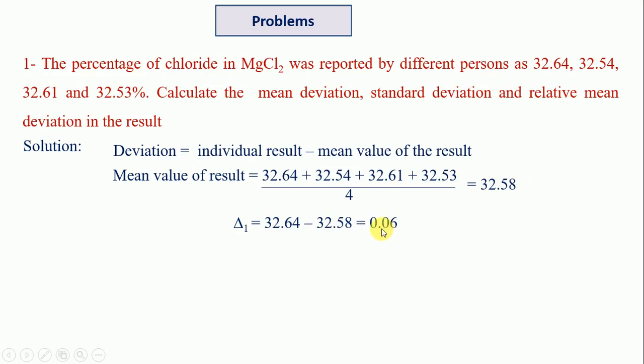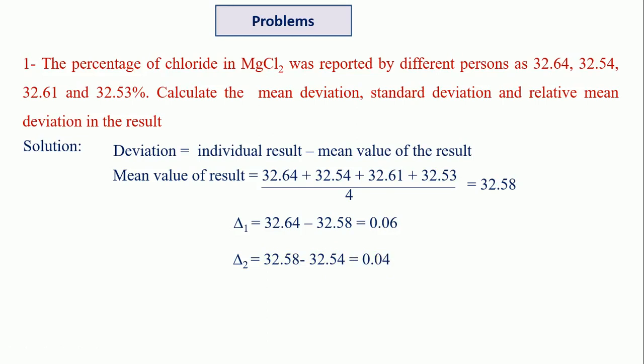So the first deviation is 0.06. Now calculate the second deviation. In the same way, delta 2 is equal to 32.58 minus 32.54, the individual result. So the difference between these is 0.04.